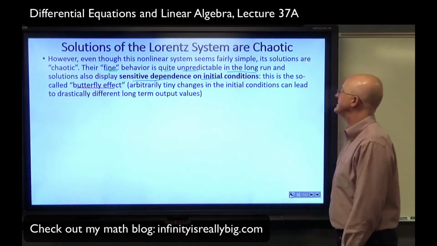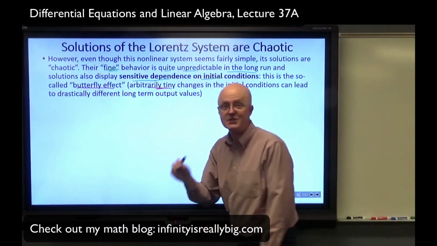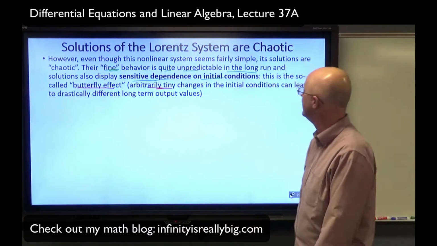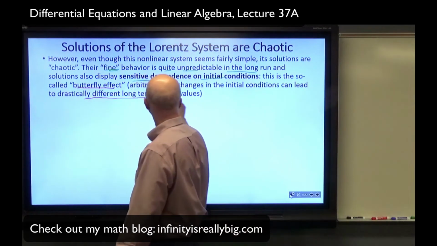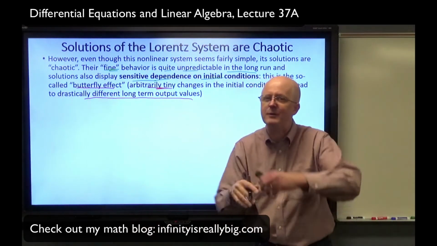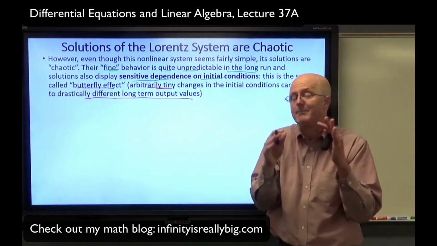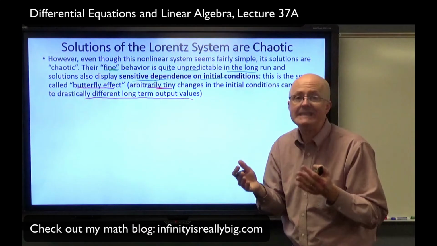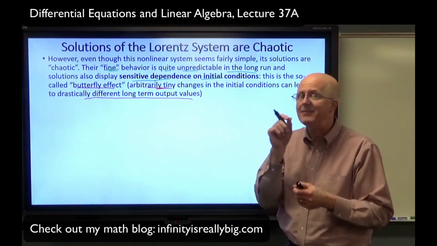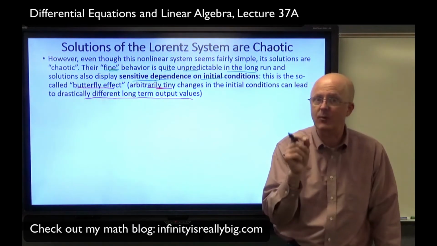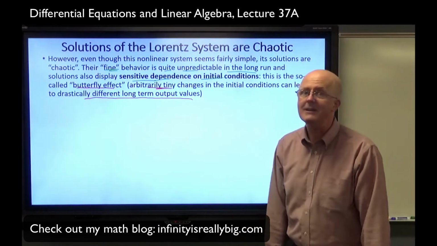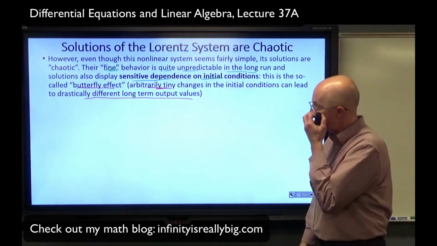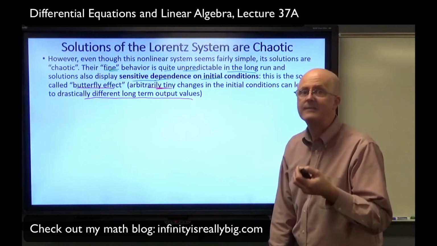Again, arbitrarily tiny changes, no matter how small, in fact, lead to drastically different long-term output values in their fine behavior. Now, their rough behavior, in terms of the basic patterns, ends up being similar, but the fine behavior, like trying to predict what the high temperature is going to be, say, 2 weeks from now, well, changing the initial conditions slightly can definitely affect the long-term behavior.